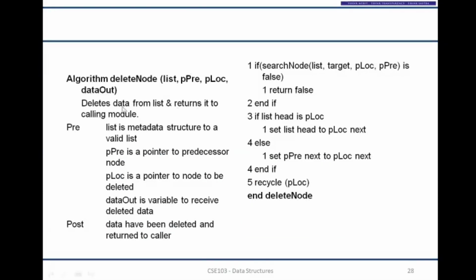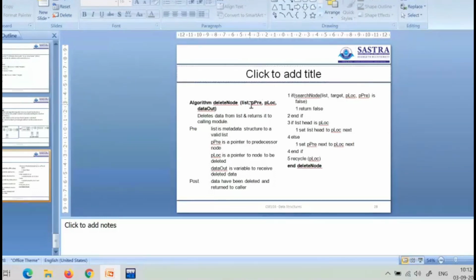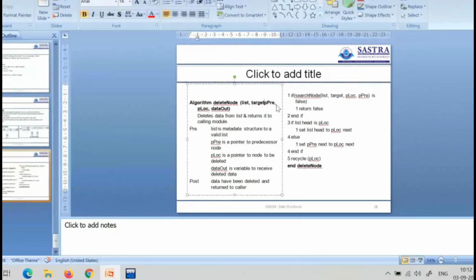Let us check the algorithm. See here, algorithm delete node. We are passing list, predecessor, location, and data out. What is the data? We need to delete it. Actually it is not here. I need to make a small correction. This is target, not data out.